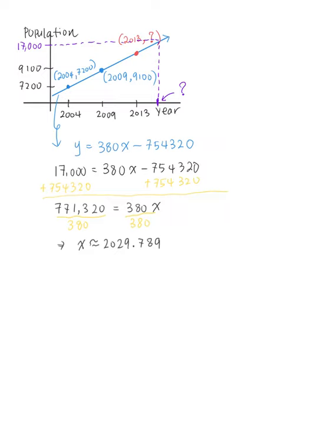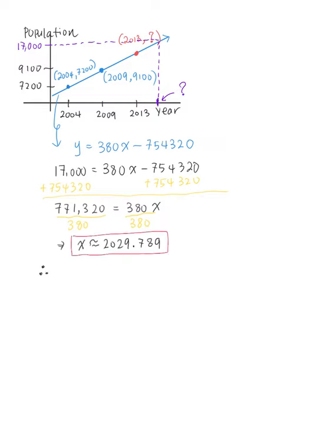So what does it tell you? Basically, this is telling you that the population will reach 17,000 between 2029 and 2030. So let's write our answer.